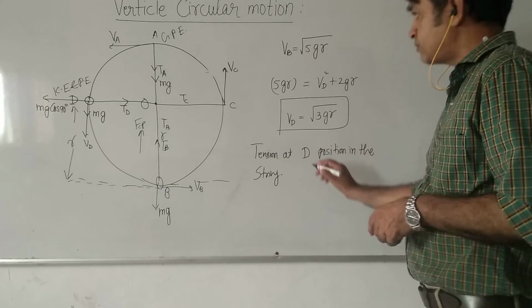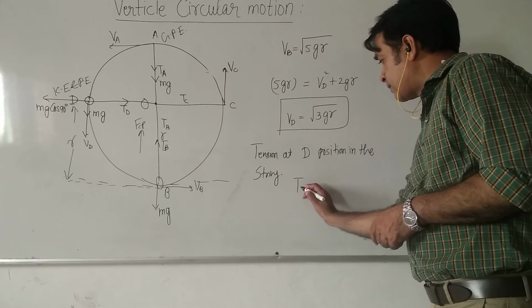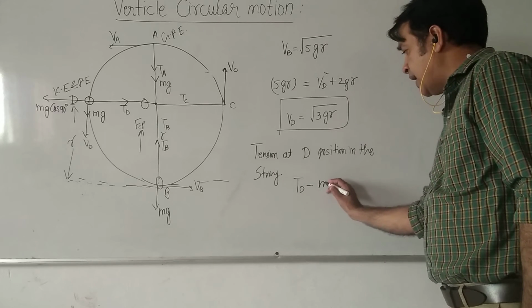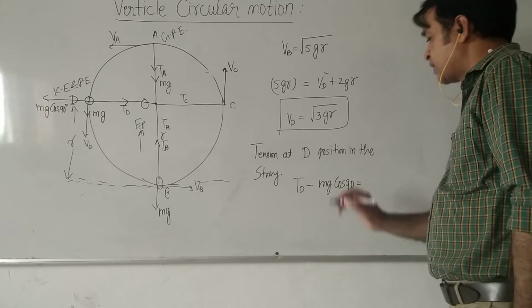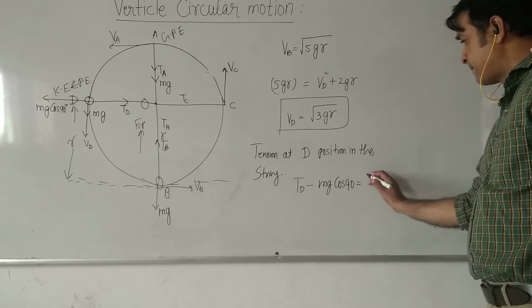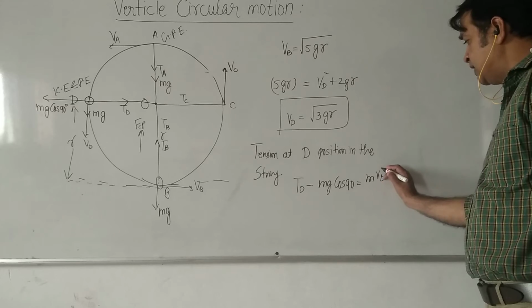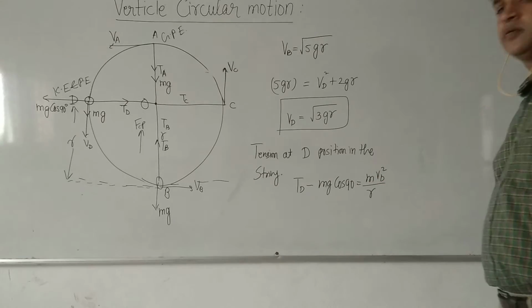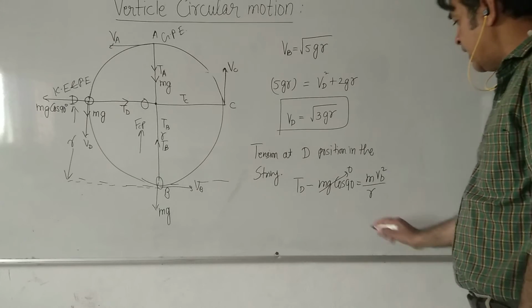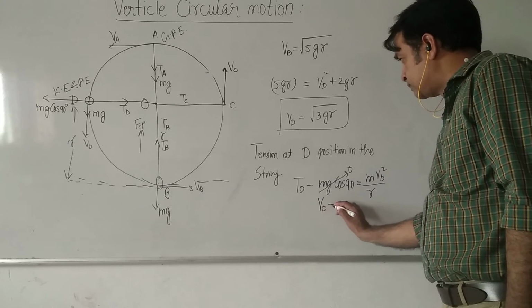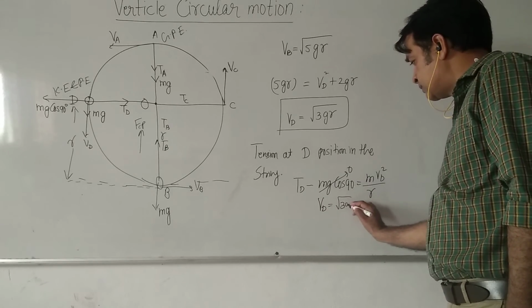The resultant of these forces, TD and mg cos 90, provides centripetal force. Make TD minus mg cos 90 equal to m Vd square upon r. We know cos 90 is 0 and Vd is root 3gr.